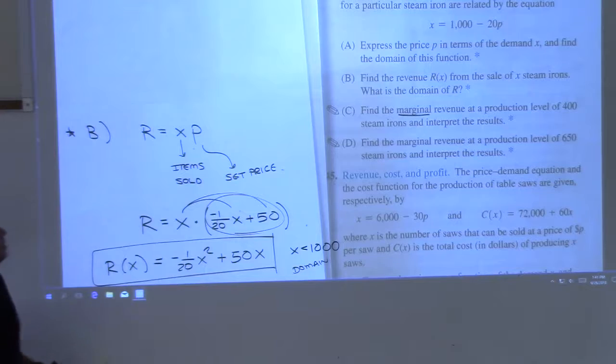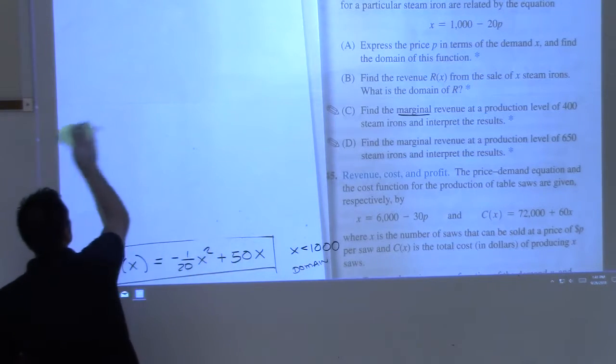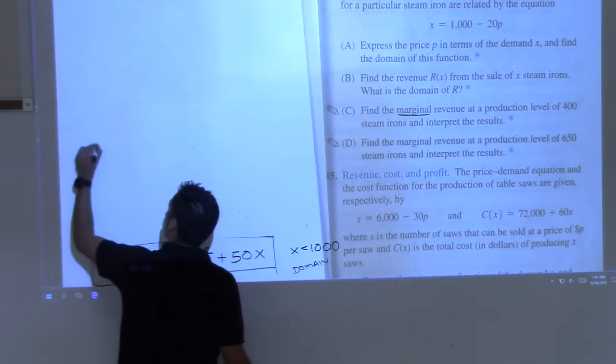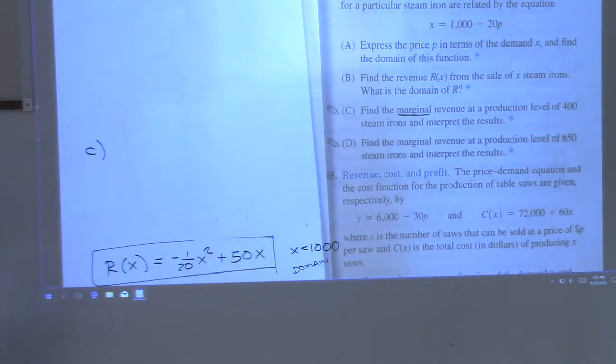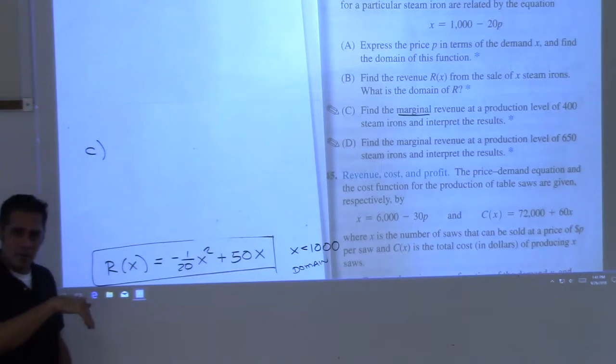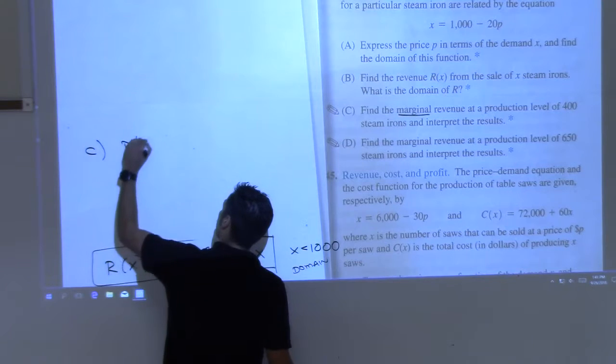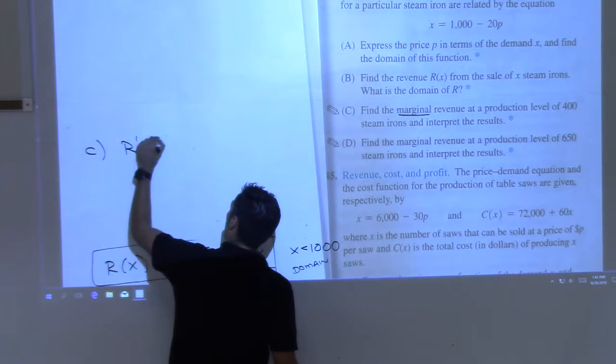You want to take its derivative first. Okay? So for part C, great, we found the revenue function, but now what I want to know is, at a production level of 400 steam irons, is my revenue going up or down? What's the instantaneous rate of change? So I want first to find the derivative. That's marginal revenue, R prime of x.